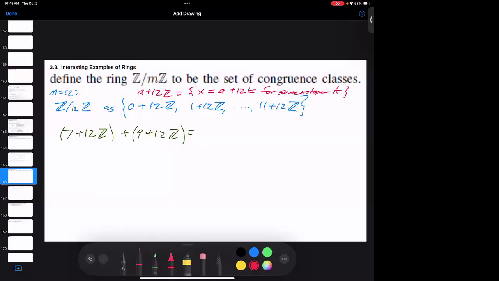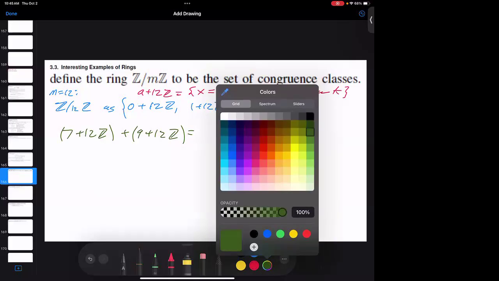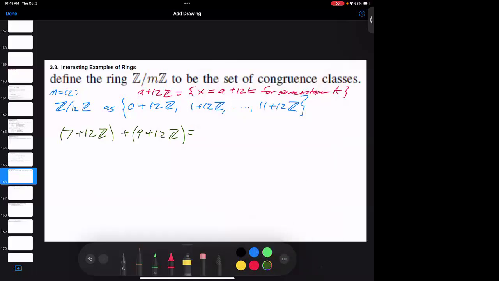So a plus 12Z is all the numbers whose remainder is a when I divide by 12. If I have 7 plus 12Z and I add 9 plus 12Z, what should I get? 4 plus 12Z.